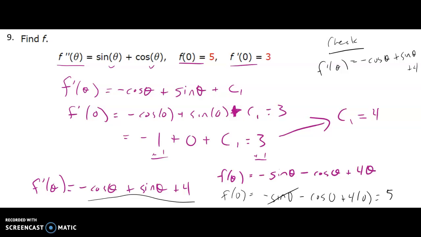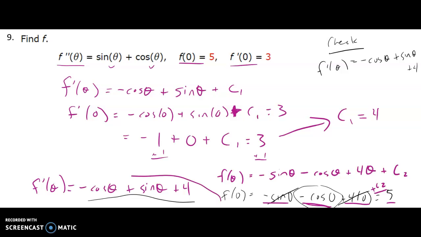Oh, sorry, plus, I forgot my constant. This is the reason we're doing this, to solve for C2. So that should say plus C2 in there. Negative sine 0 minus cosine 0 plus 4 times 0 plus C2 equals 5. Negative cosine 0 is negative 1.